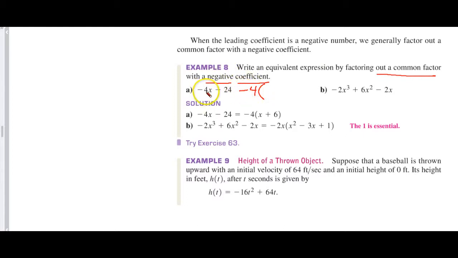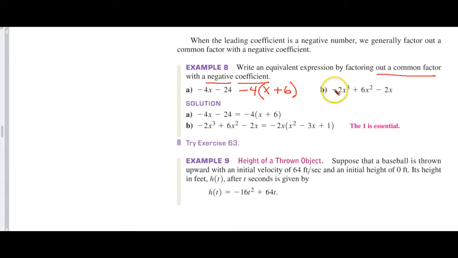So now what's left there? An x. And what's left there? Now, this would have to be a positive 6. So notice by factoring out a negative 4, you have reversed the signs of what's left inside the parenthesis. Again, a very important technique that we'll be using in chapter 6.